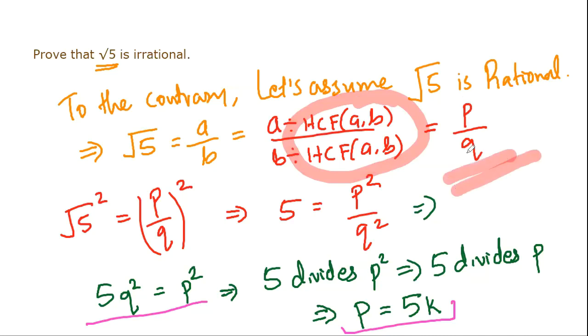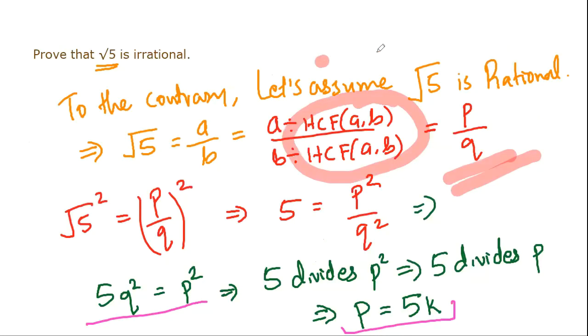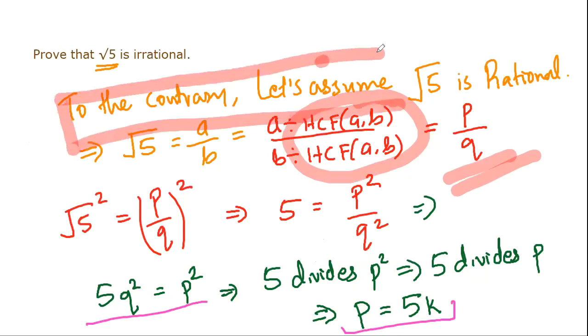Then p and q will not have a common factor other than 1. But we got a common factor, that is 5 here. This is a contradiction, because of our wrong assumption. So our assumption was wrong. So the true statement is that root 5 is irrational.